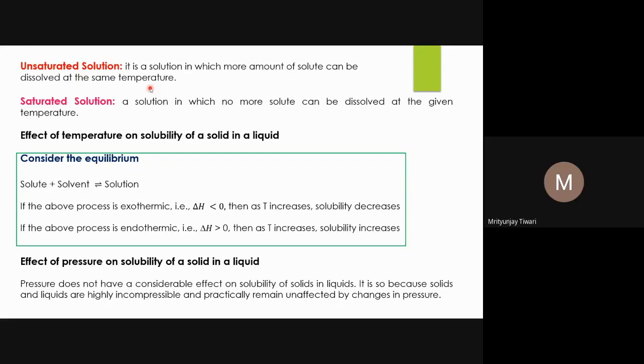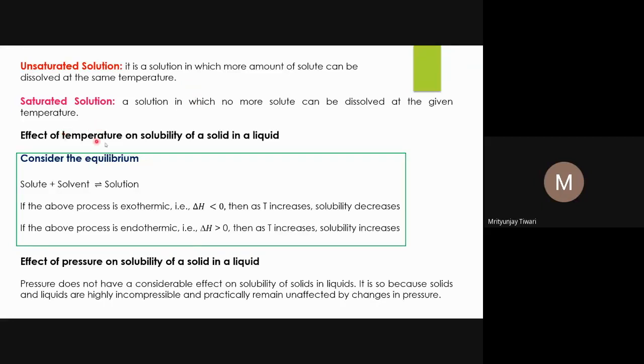It means you can further add solute particles, and if those solute particles go into the solution phase, at whatever concentration, and get dissolved, it means the solution is an unsaturated solution. This dissolution will happen only when the saturation state is not achieved.